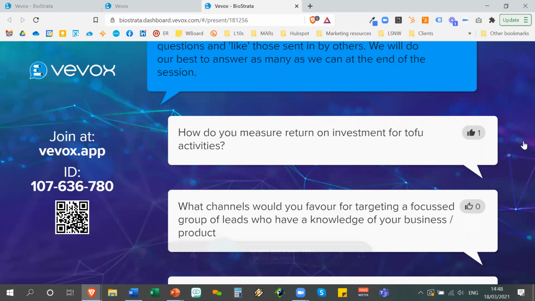Great question. So if we think about some of the metrics elements that we looked at previously, in an ideal world, you would be tracking even your top of the funnel activities to see what happens to the leads that you generate. You want to make sure that those leads are converting into sales opportunities and those opportunities are turning into revenue, so that you get a feel for how much you spend on top of the funnel activities and how much revenue you generate.